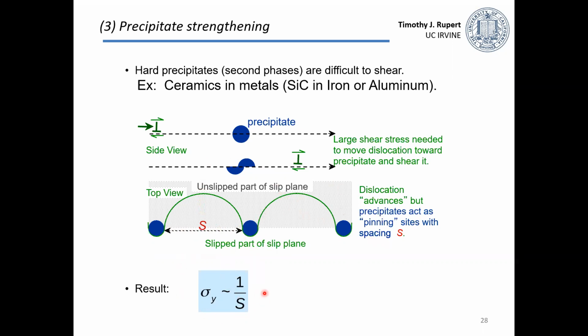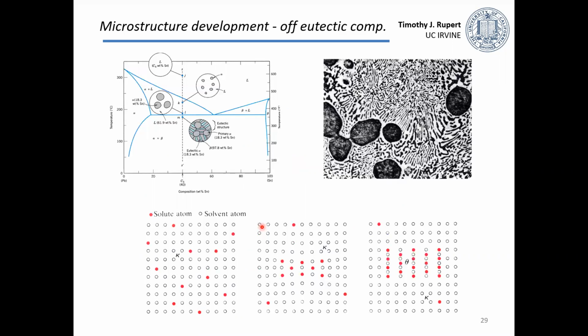The main thing that matters here is that in either case, these mechanisms predict that the yield strength of our material is going to be proportional to 1 over the spacing between those obstacles. So what you really want is those particles to be spaced really close to each other and have lots of obstacles for that dislocation moving.